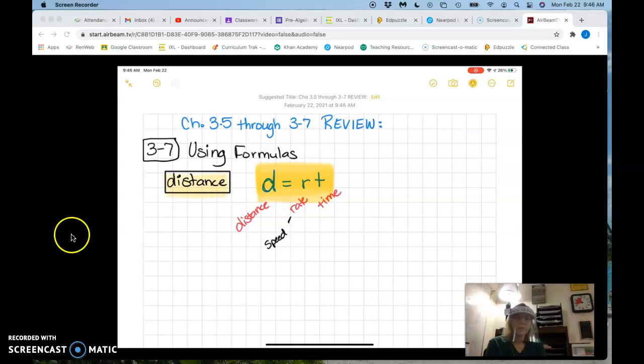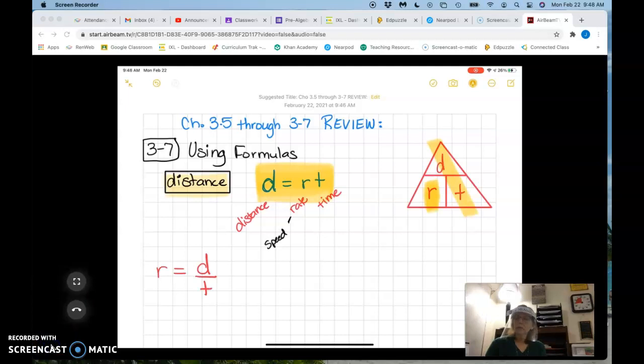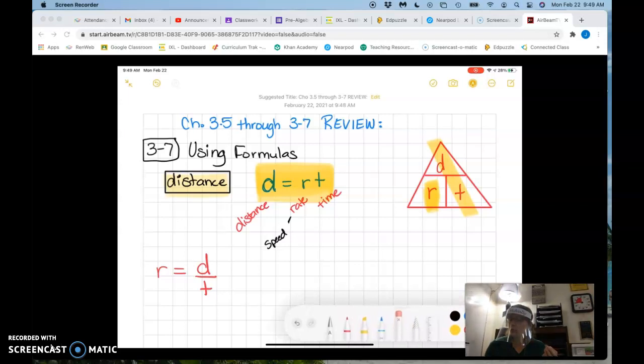Go ahead. Okay, so we were just going over this triangle and how it can help us remember the 3 different formulas for finding distance, rate, or time. So we can have D equals, which means the R is being multiplied by the T, because they're right next to each other, so that means multiply. That's our original formula.